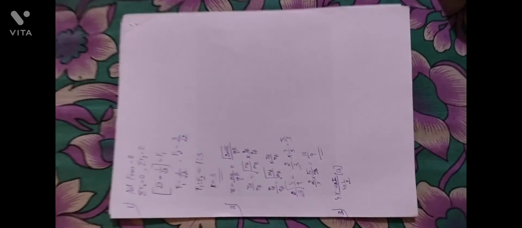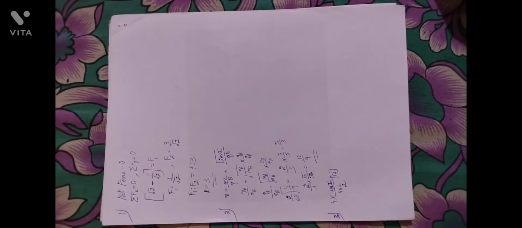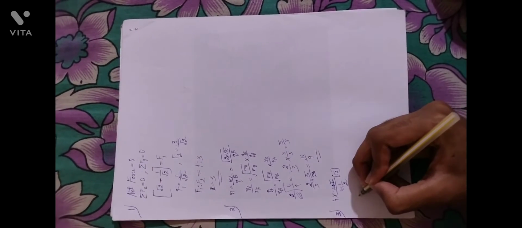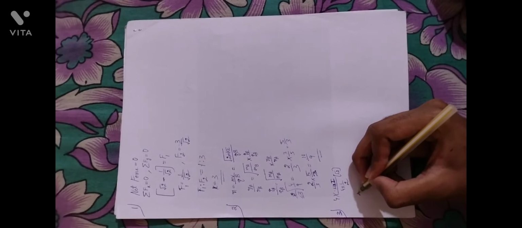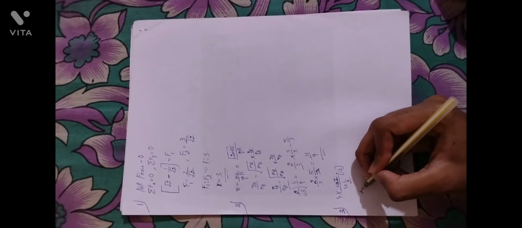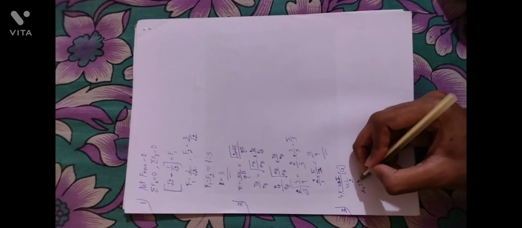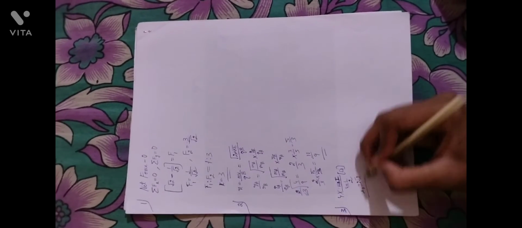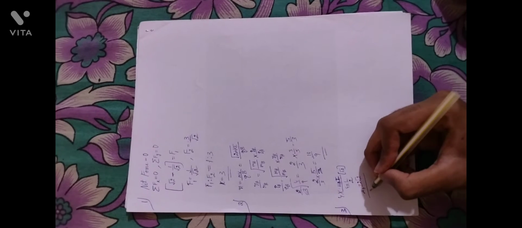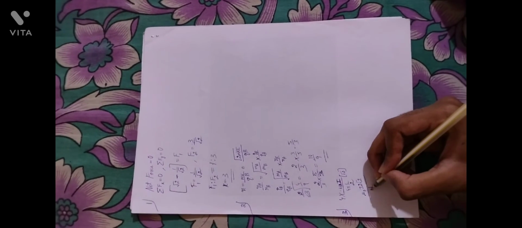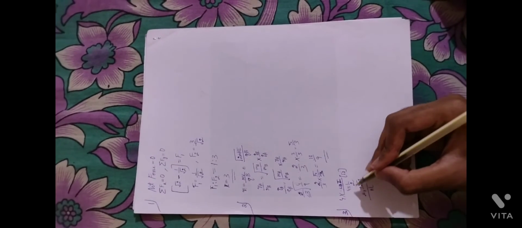Okay, then this 4 cancels, so therefore mu naught I root 2, if we take 2 root 2, then it will be pi by L. Okay, 2 here we have taken up.